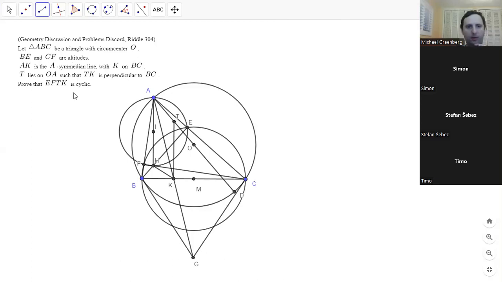I don't think that's a parallelogram. Obviously, H, M, and D are collinear. So IO is parallel to HD. Yeah, I just don't know how much this stuff helps.